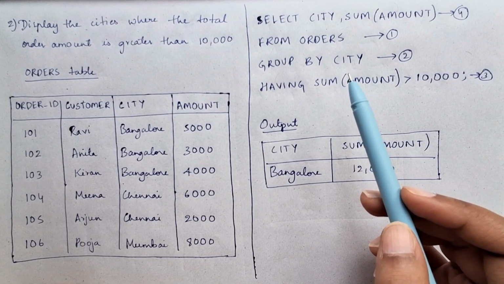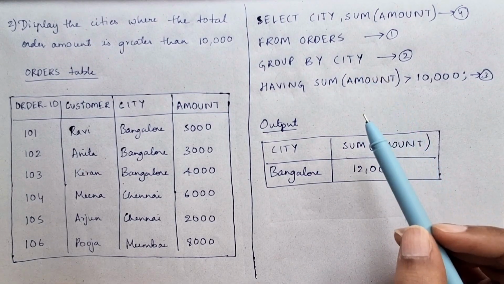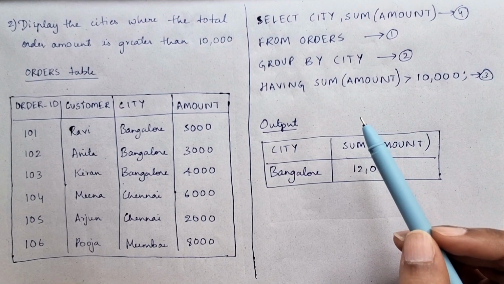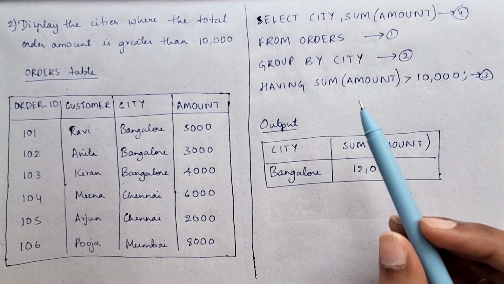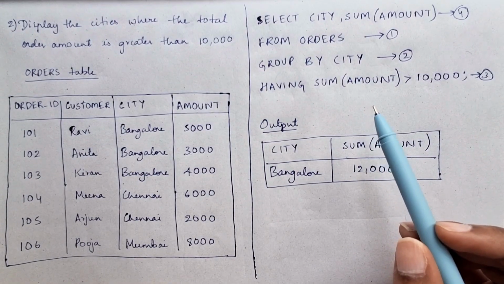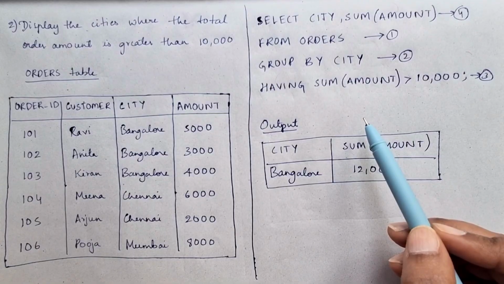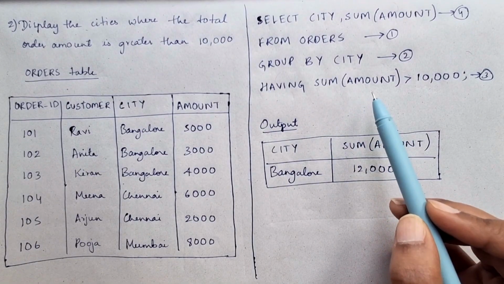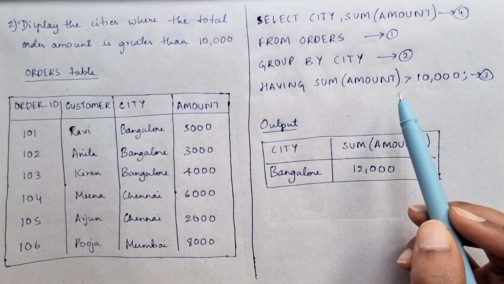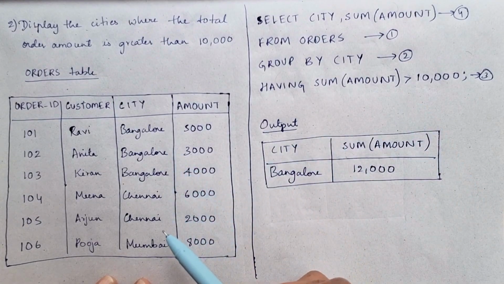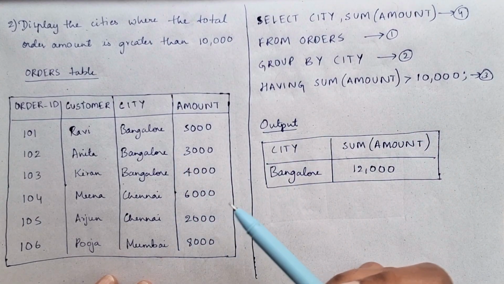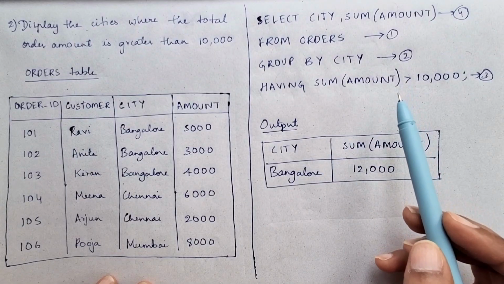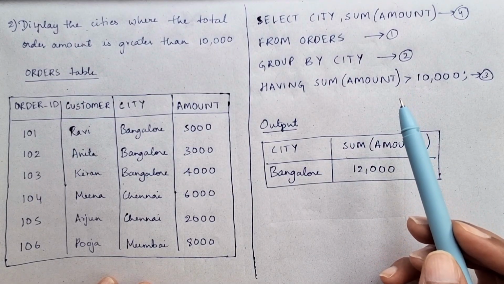After grouping, SQL calculates the aggregate function SUM of amount for each city group. And this gives us the total order amount for Bangalore, Chennai and Mumbai separately. Next, the HAVING clause is applied. The condition SUM(amount) > 10,000 is checked for each city. If the total order amount of a city is greater than 10,000, the city is selected.